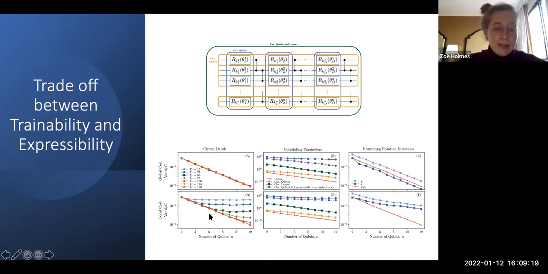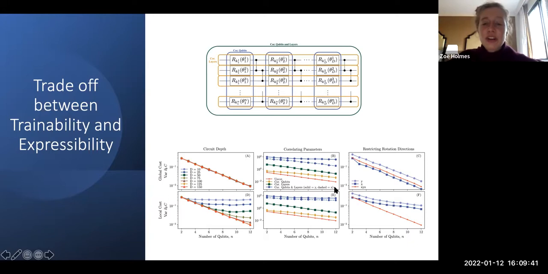What we find, as expected from Marco's cost function dependent barren plateaus paper, is that for local costs, reducing the depth of the ansatz substantially increases the observed cost gradients, but for global costs, you're screwed either way. You can use a really short depth ansatz and you're still going to have exponentially vanishing cost gradients.